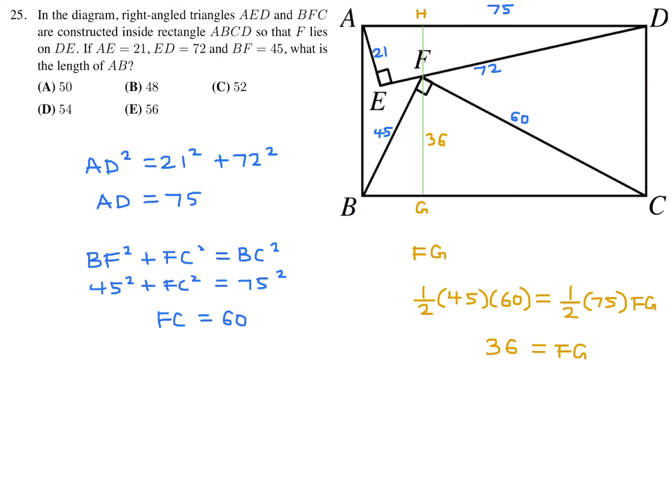Okay, now let's concentrate on FH. So how do we do FH here? I'm going to have to label a few things here, but fortunately they're not that complicated. This is a right angle right there. Okay?